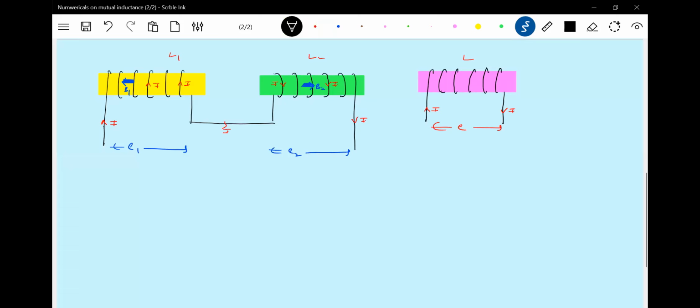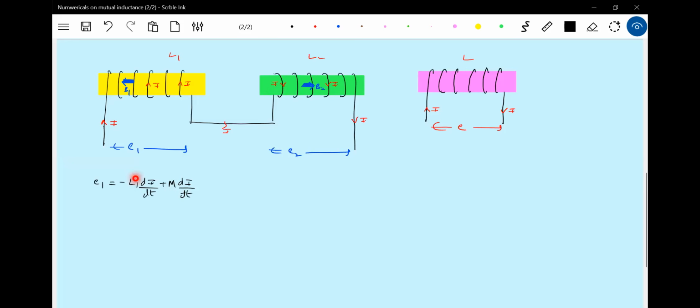Now, how to write the equation? E1 is equal to, with a varying current flowing, due to self-inductance L1 di by dt. This should be plus M di by dt. Sir, how come you are writing negative? The EMF induced by the second coil will oppose the EMF induced due to the first coil.